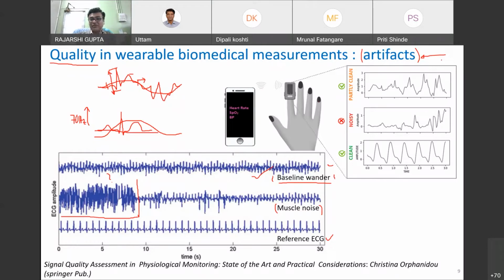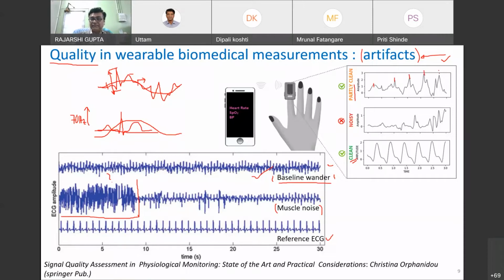Here I have shown the case of a PPG signal. This is the reference signal shown in green, with the typical PPG cycles. The uppermost one is partly clean. Why are we calling it partly clean? Because at least in this waveform, you can have a vague idea of where the systolic peaks are.